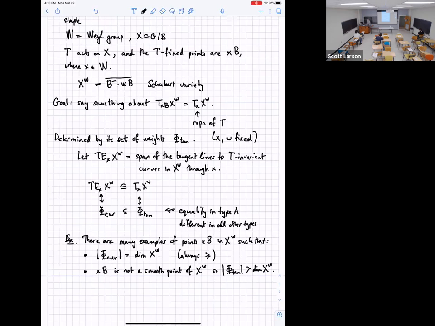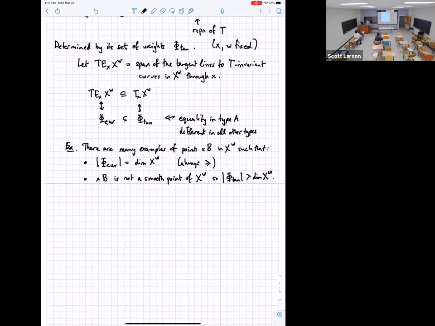So in this paper with Brian, these would be the set of smooth points where q is 0. So anyway, that's just an example. They can be very different.